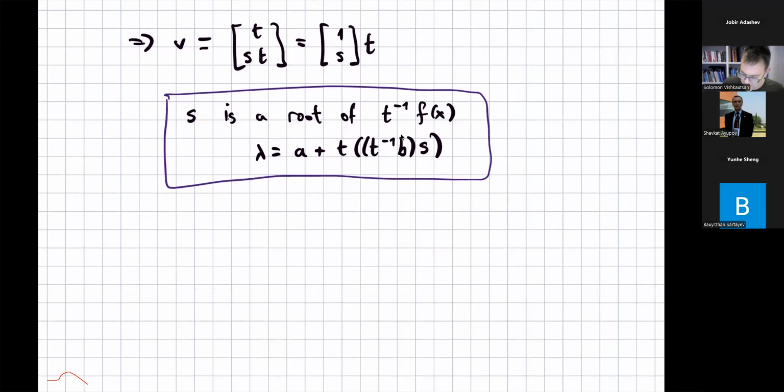As an example of when we use these two conditions, that S is a root and this is the form of lambda, we can get a condition for 0 being an eigenvalue.